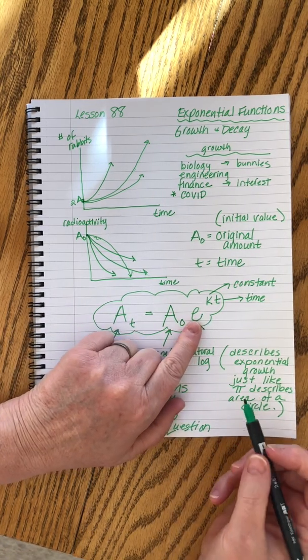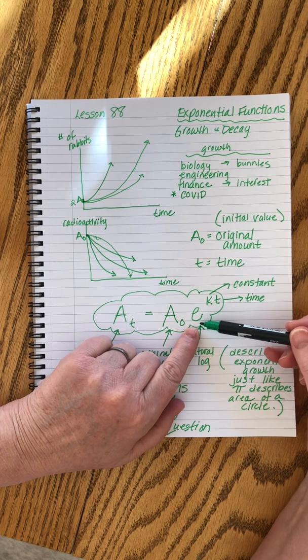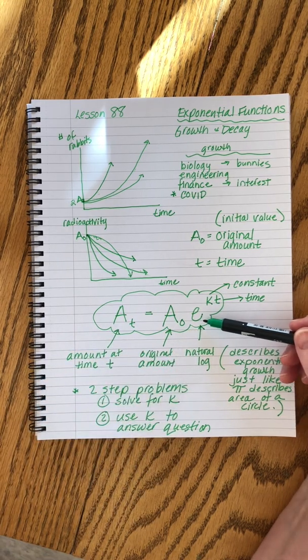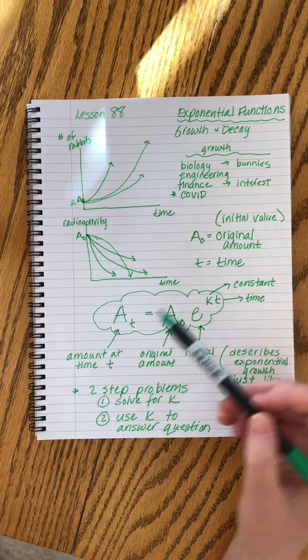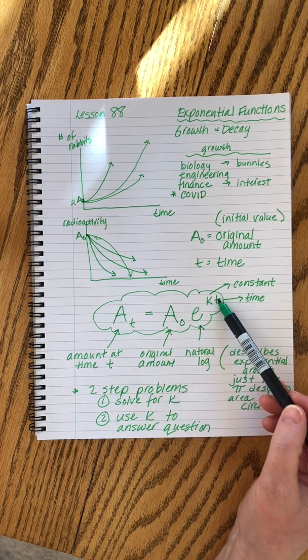E is not a variable. E stands for the natural log, 2.718 blah blah, something like that. Remember, you can find it on your calculator easily. But this is a variable, this is a variable, this is a variable, and that's a variable.